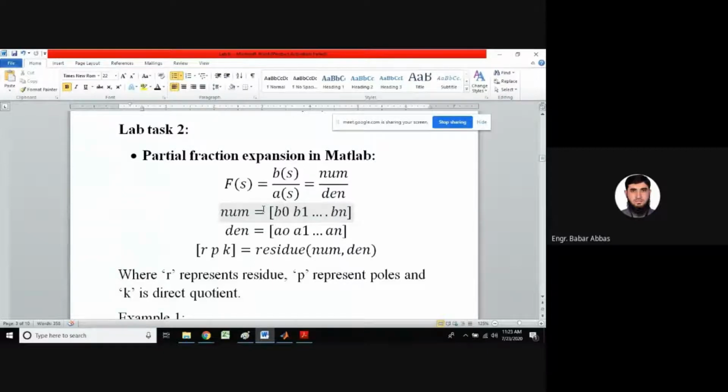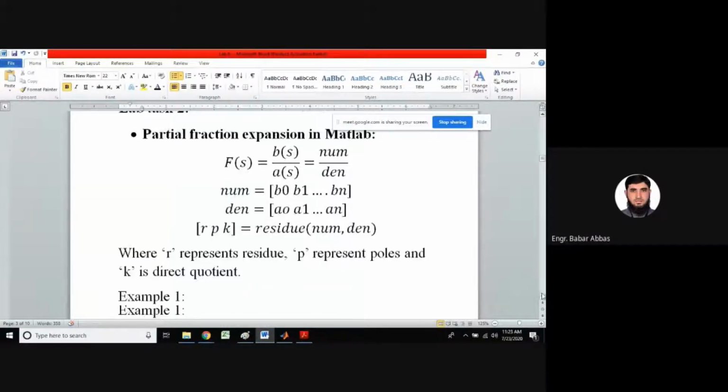You might have other names for the variable, like num1, num2. Similarly, the other variable is den, with coefficients a0, a1, up to an.